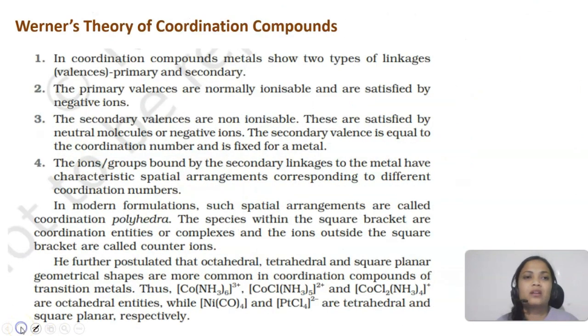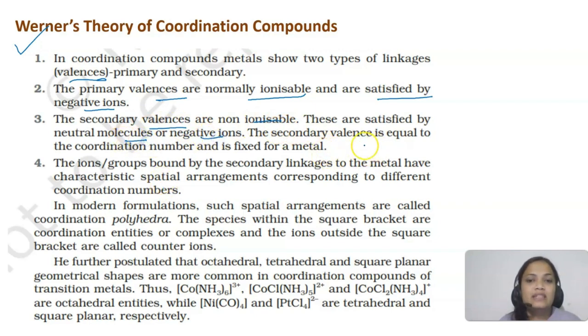Okay, next, if I talk about Werner's theory, he gave us a concept of two types of linkages, primary and secondary, which he called valences also. Primary valences, he said, are normally ionizable and they are satisfied by negative ions. So the ones that are ionizable would be the primary valences or linkages, and the secondary valences are non-ionizable. They are satisfied by neutral molecules or negative ions.